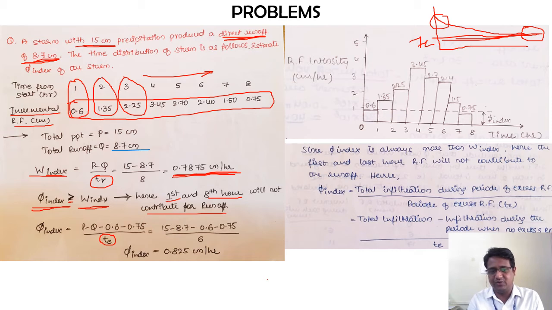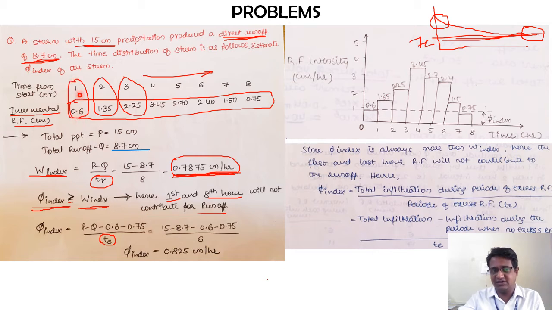Because of this, already we know that the value of W index is 0.7875. Here if you check out the table, the rainfall values given are in terms of per hour only. 0.6 centimeter of rainfall has occurred in the first hour.